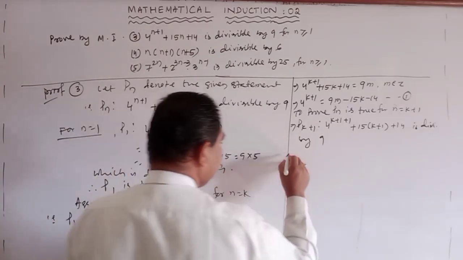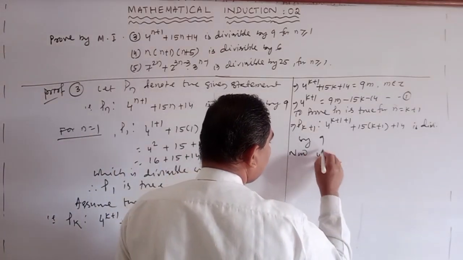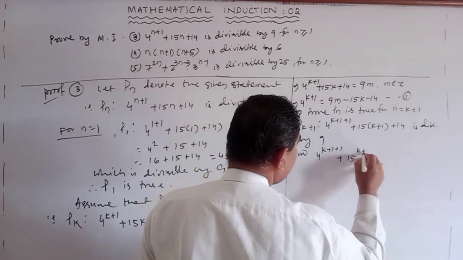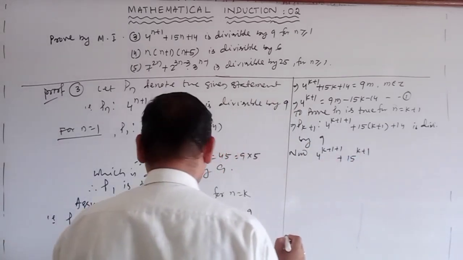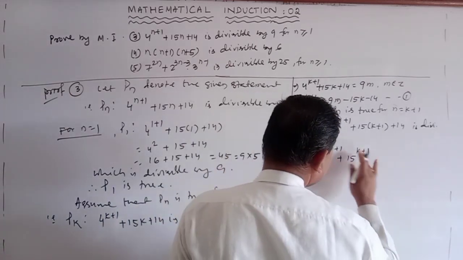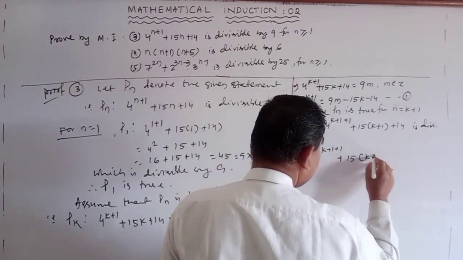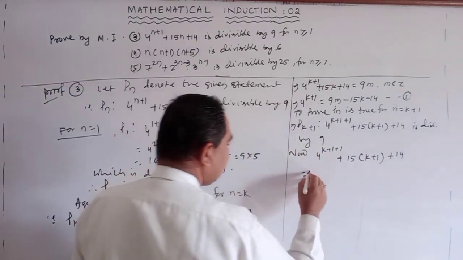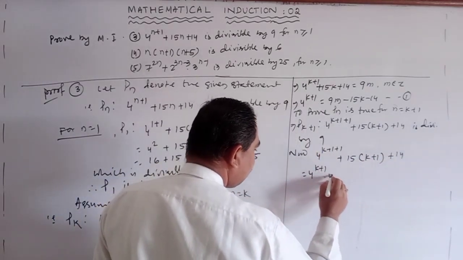Now 4 to the power k plus 1 plus 1 plus 15 into k plus 1 plus 14 is equal to 4 to the power k plus 1 into 4 to the power 1.